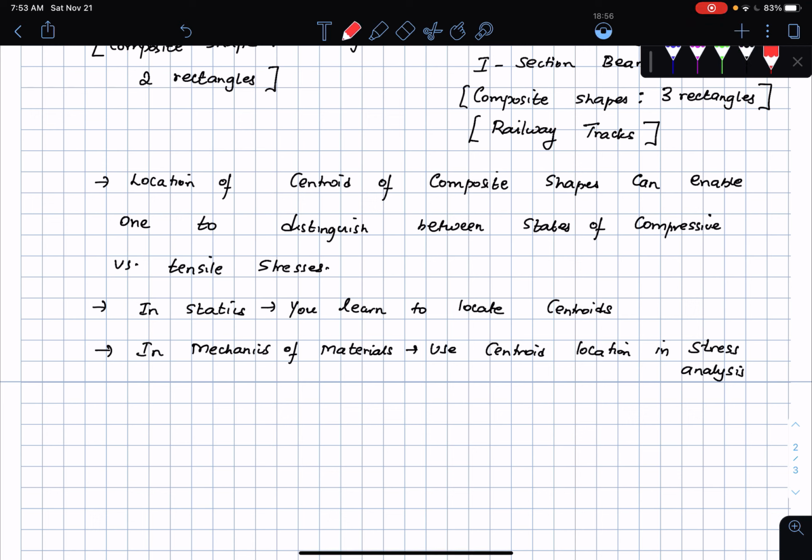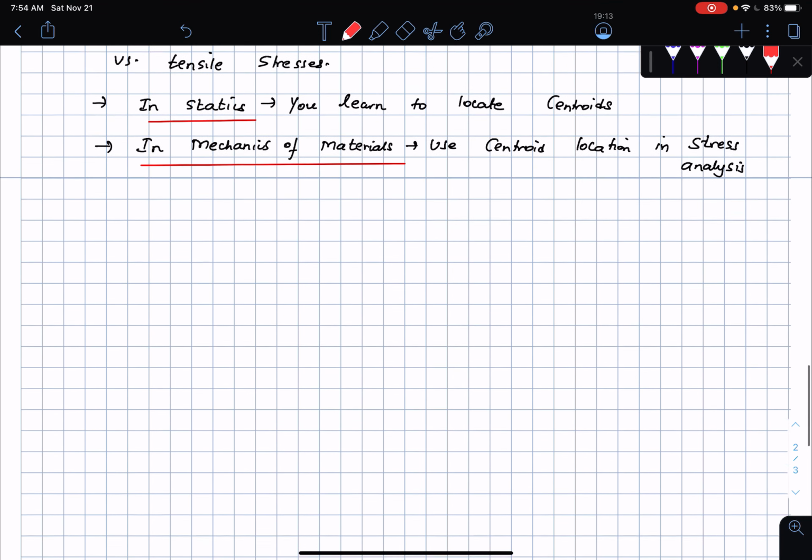This is the reason why we are learning this in statics, and also towards the end of statics, so that it remains fresh in your mind as you look at strength of materials next semester or next year, or whenever you're going to be doing that. So this will be useful for analyzing stresses and strains in mechanics of materials. All right, that's the basic idea.